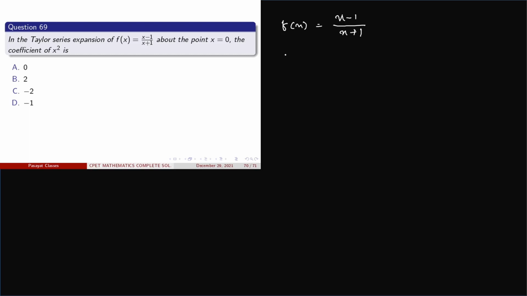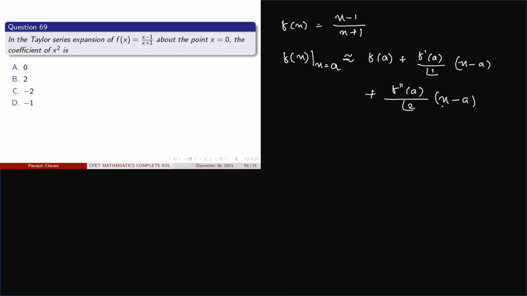So we know that for the function f of x at the point x is equal to a, the Taylor series expansion can be written as f of a plus f dash of a by 1 factorial into x minus a plus f double dash of a by 2 factorial into x minus a whole square plus dot dot dot, this type of thing.